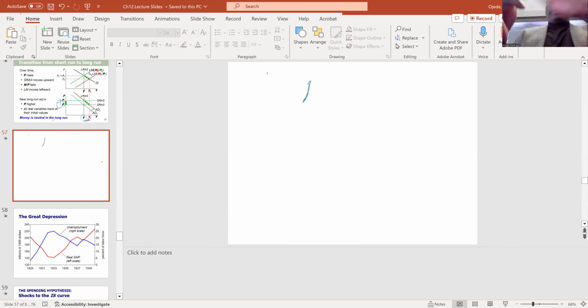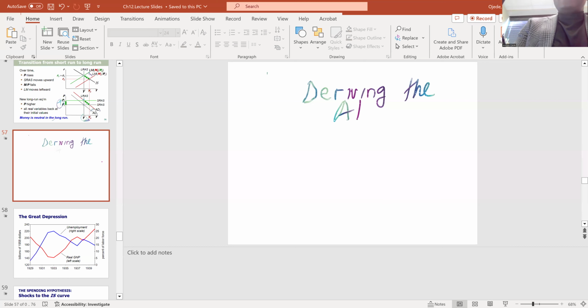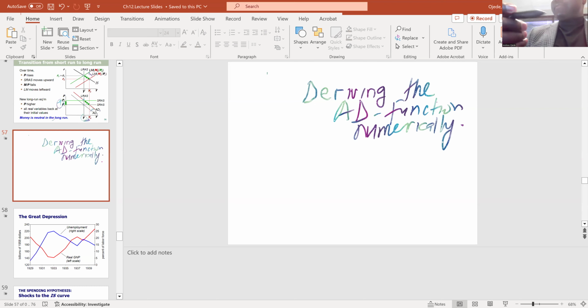Okay, so let's talk about deriving the aggregate demand function numerically. We have to know how to derive it using a graph, but we can also do it numerically.